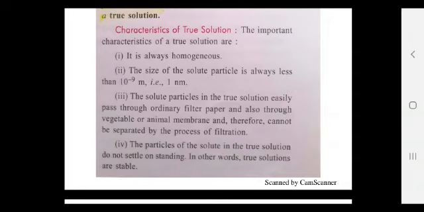It means it is a stable solution and it does not settle. Sometimes the things we have added simply settle down at the bottom, but here it does not happen, because the size of the particle is very small and it mixes completely. That's why it does not settle down after some time.